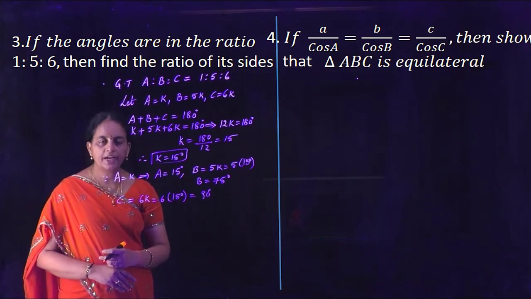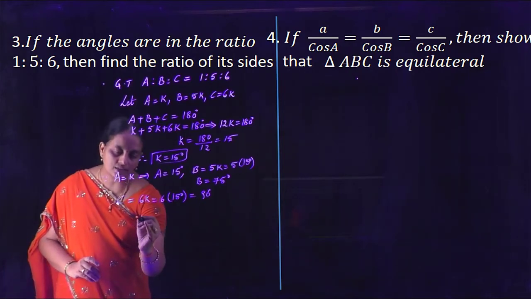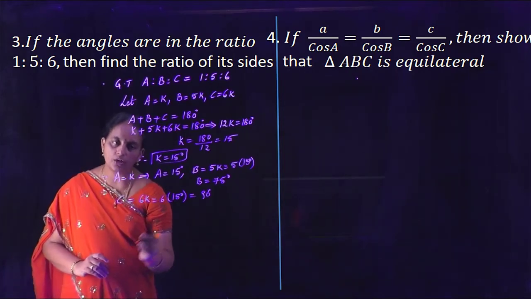Now, we will find the ratio of its sides. Sides are denoted by small a, small b, small c.